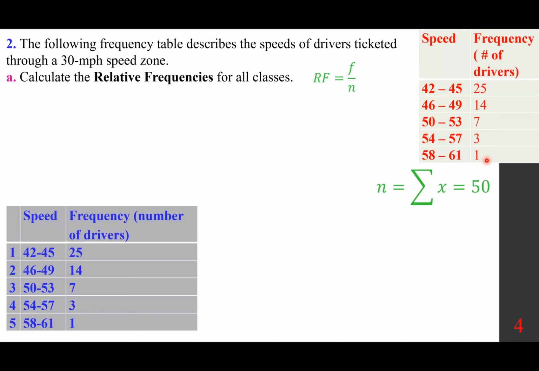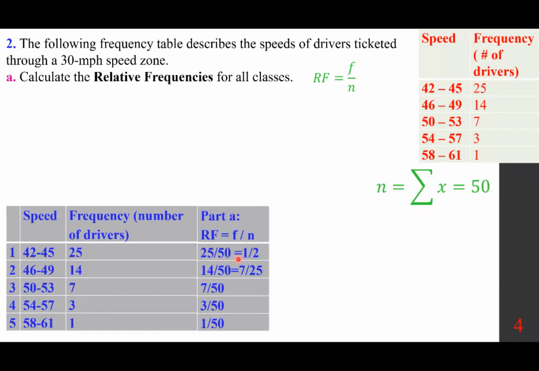So N is the summation of X. This is the summation sign, capital sigma. Add them up, we get 50. So the relative frequency for this one would be 25 over 50. This one 14 over 50, 7 over 50, 3 over 50, 1 over 50, and we can simplify. So 25 over 50 is 1/2, 14 over 50 is 7 over 25. The rest of them are the same.